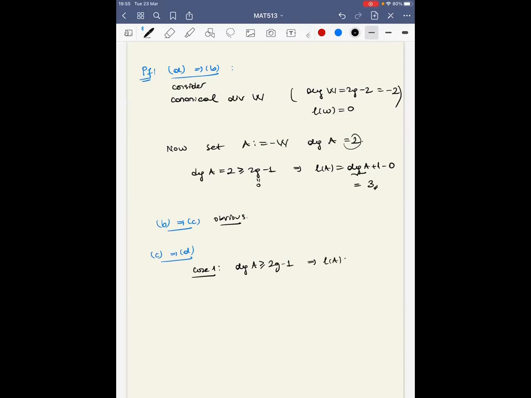Then, as a consequence of the Riemann-Roch theorem, we know that its dimension is exactly its degree plus 1 minus g.